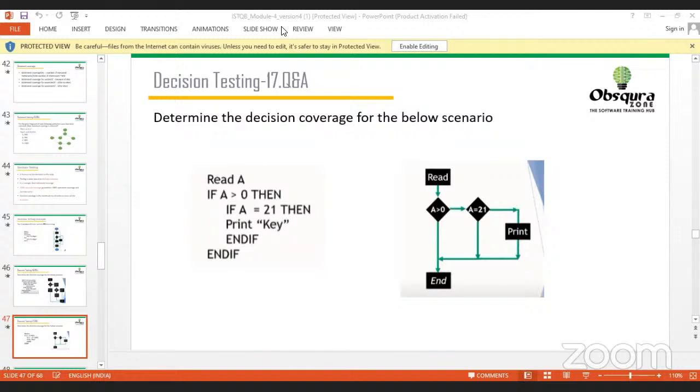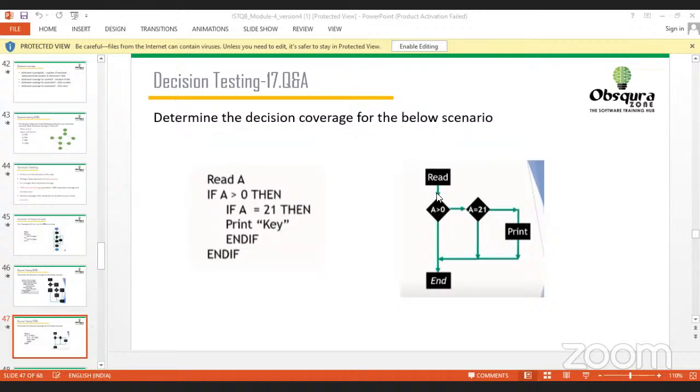Okay, yes, Arya, the 3 is the correct answer. How it became 3, we will check. If you said 1, you must have considered only the nodes. But I have told you, you have to consider all these green lines, and it should be the minimum number of paths also.